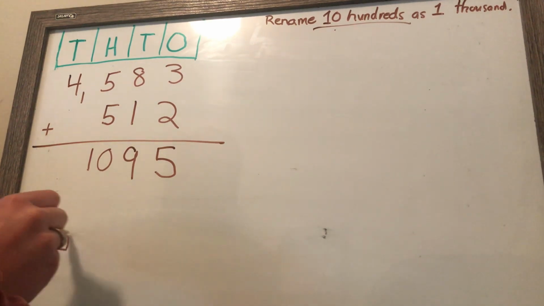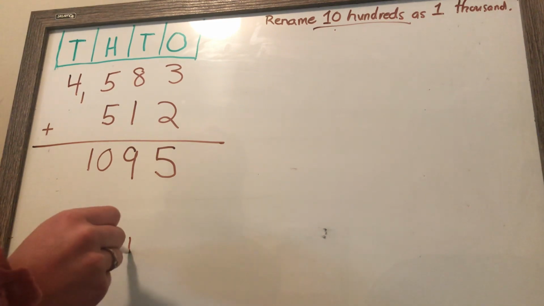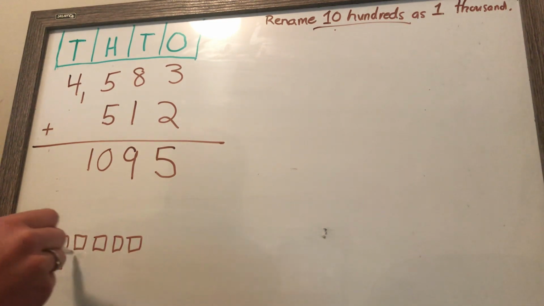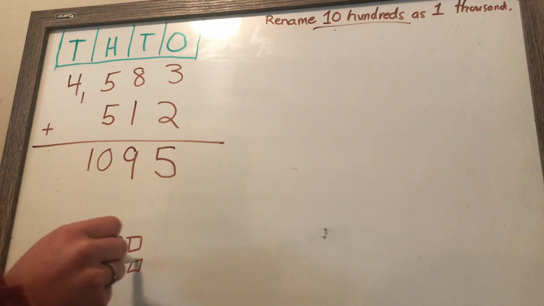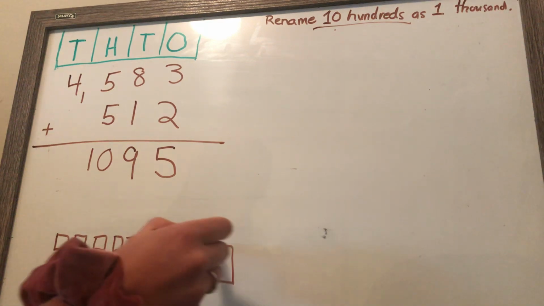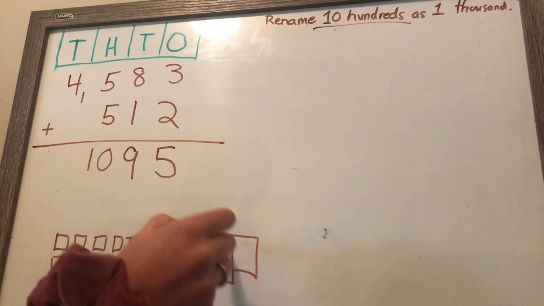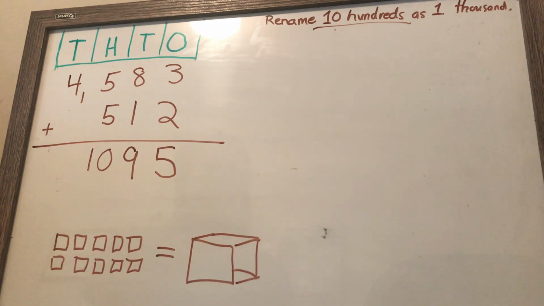10 hundreds. Let me draw that out really quickly. 10 hundreds is equal to how many thousands? That is equal to just 1,000, right?